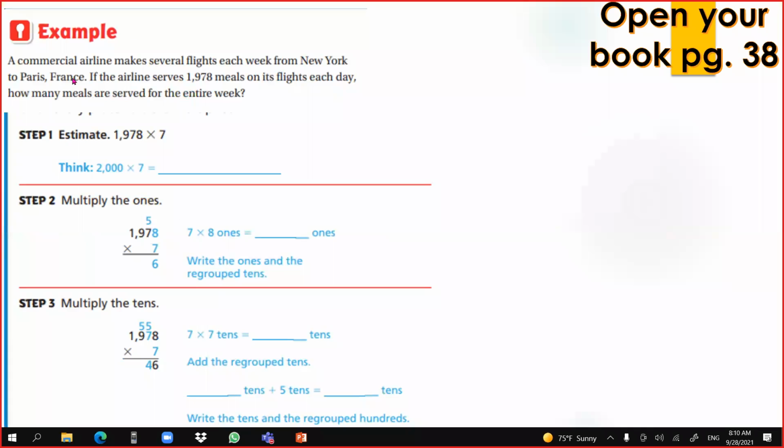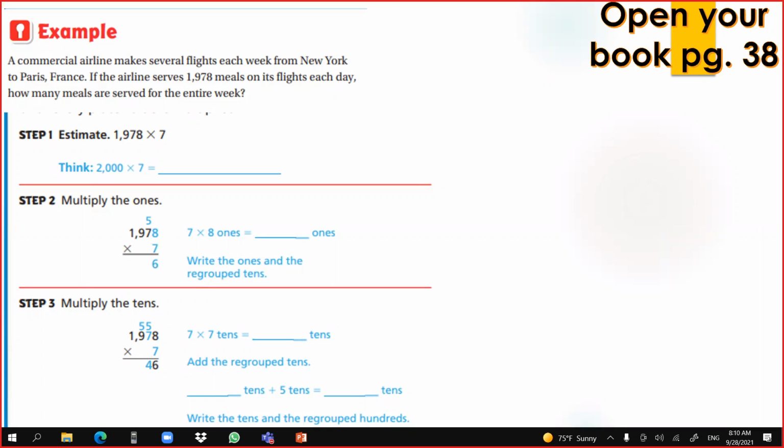Now, another example. Open your book, please, page 38. A commercial airline makes several flights each week from New York to Paris, France. If the airline serves 1,978 meals on its flight each day, how many meals are served for the whole week?